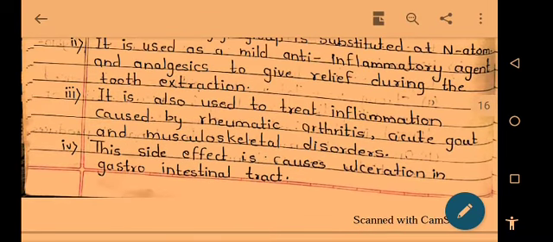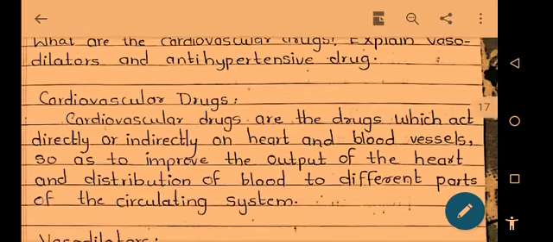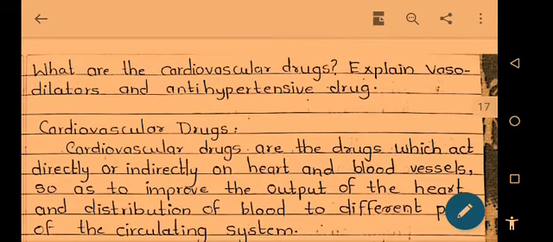So friends, the question is: what are the cardiovascular drugs? Explain vasodilators and antihypertensive drugs.